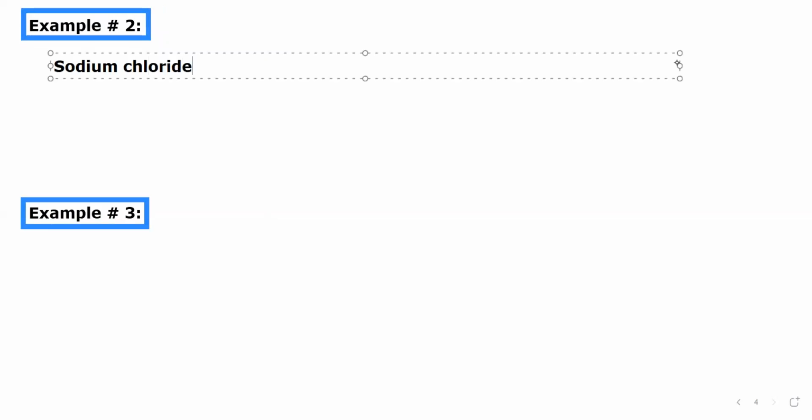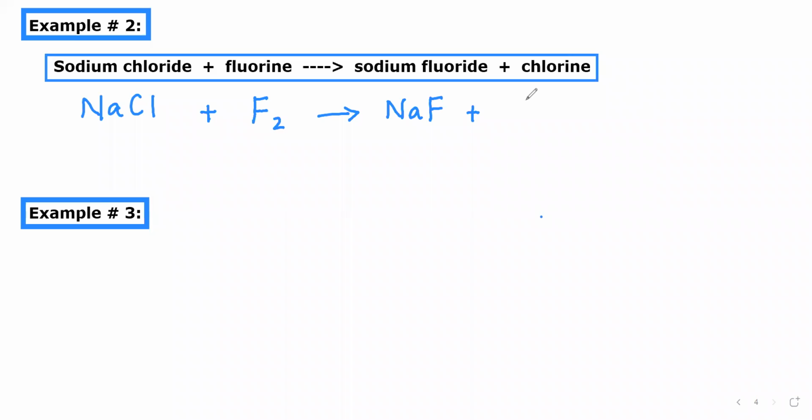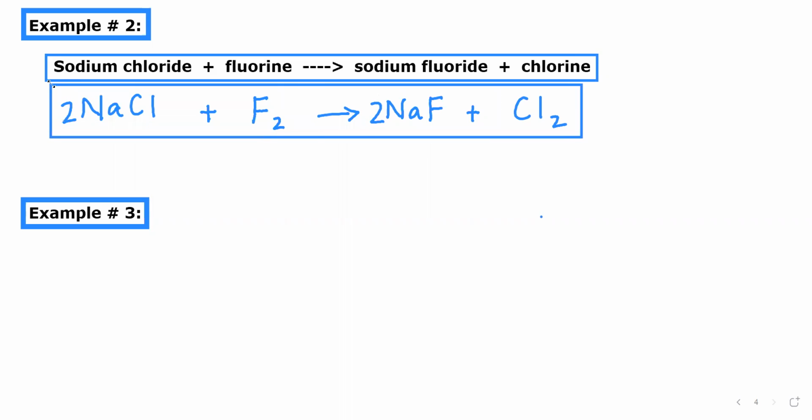Sodium chloride with fluorine. So what will be our products and what will be the equation? This is the equation: NaCl plus F2 will give us NaF plus Cl2. To balance this, we will write 2 here and 2 here. This will be our equation for this reaction where fluorine is displacing chlorine.